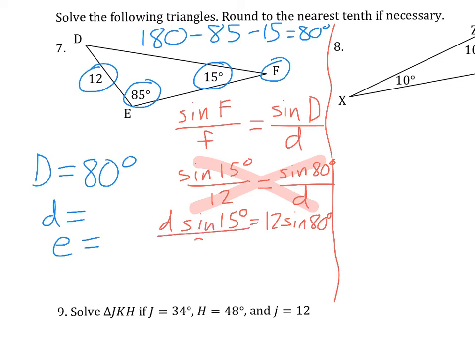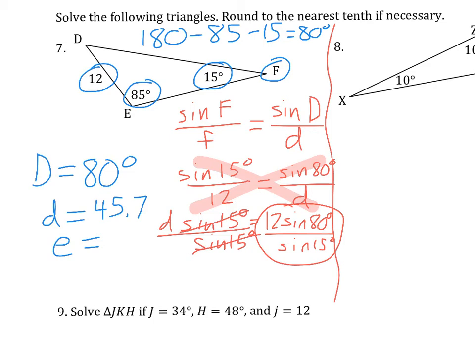And then we're going to divide both sides by sine of 15. So these sine 15s cancel out. If you do this on your calculator, you'll get that D equals 45.66, which will round to 45.7.